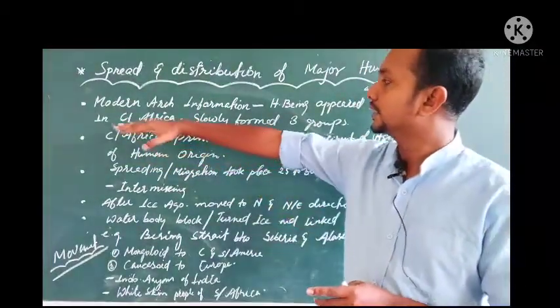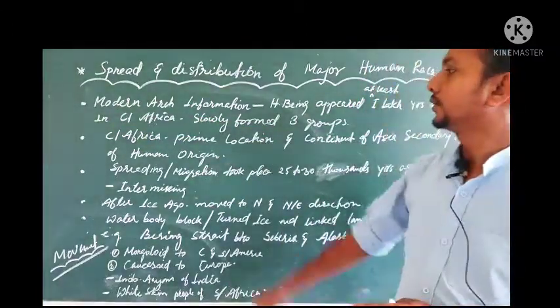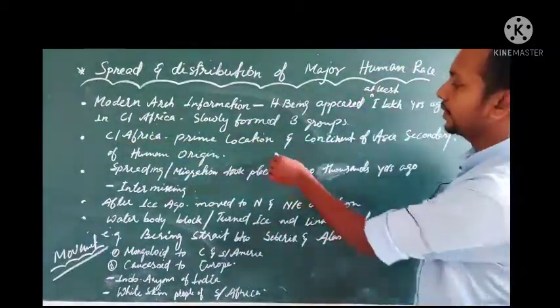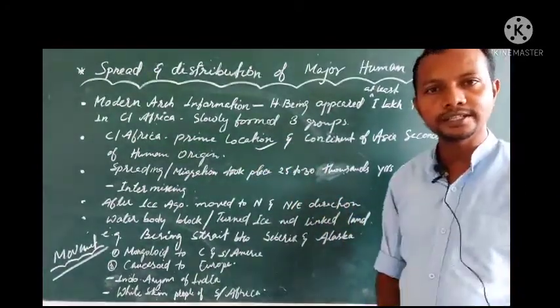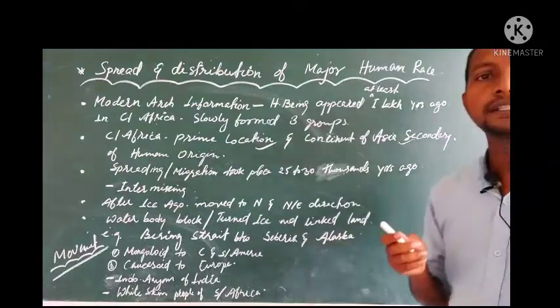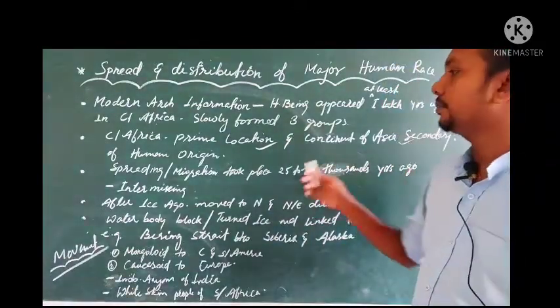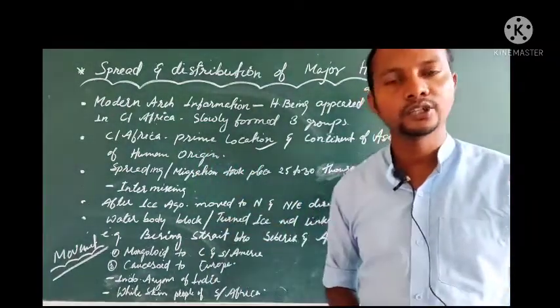Since in the beginning they were in the central part of Africa, the central part of Africa became the prime location for the human race origin, and the continent of Asia became the secondary location for the human race.